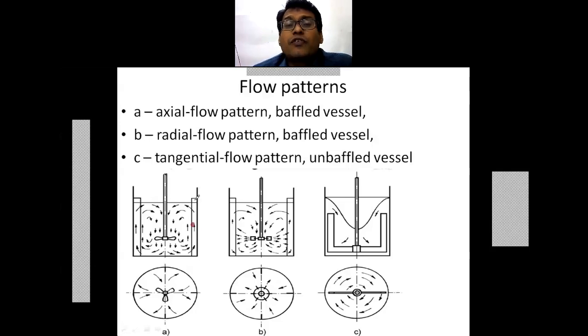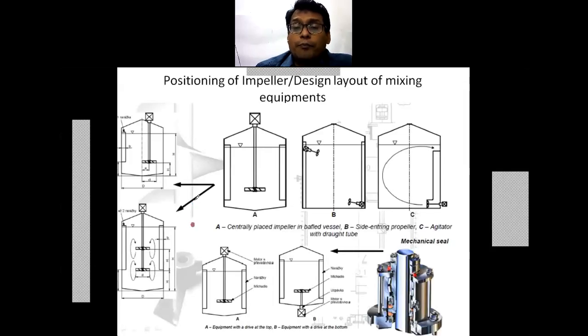Now in the case of household mixers, the entry of the impeller is from the bottom, as shown in this lower figure B. The entry is provided at the bottom in most types of mixers. But nowadays there are also these hand blenders.